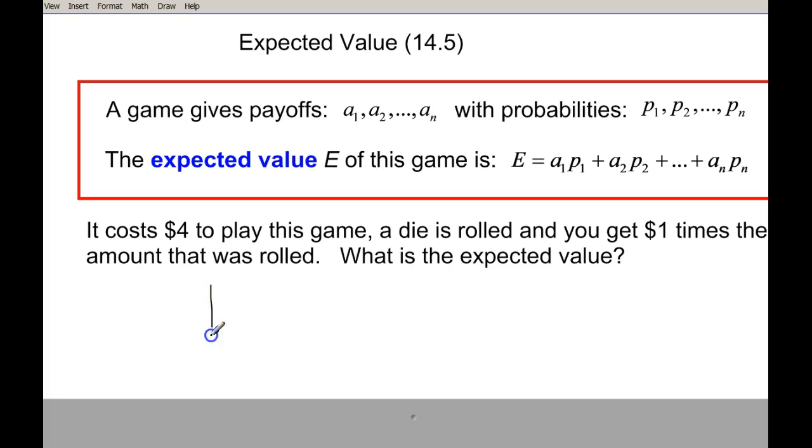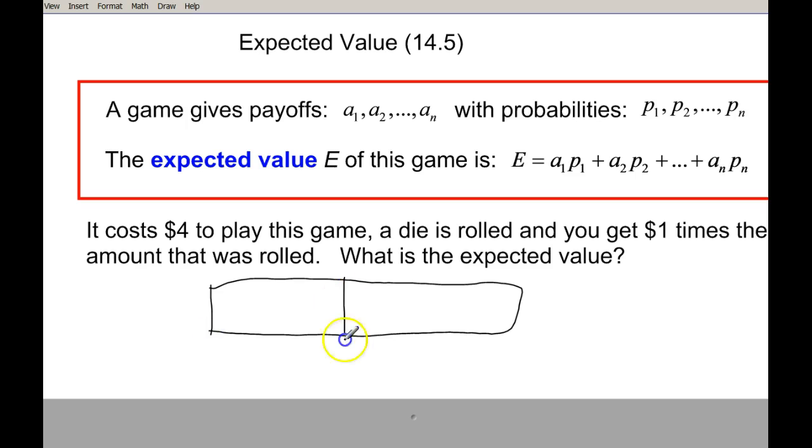So you can start by making a chart. I'm going to start that way. We'll call this the payout, the payoff, and then the probability of that happening.